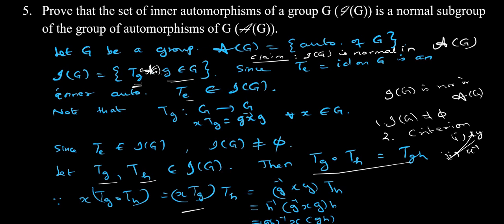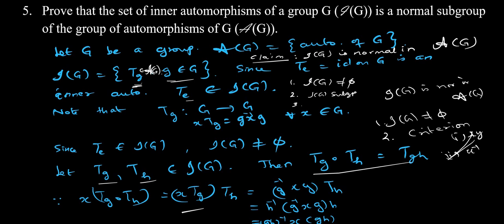See, our aim is to show that script I of G is normal in script A of G. So first of all, we have to show that script I of G is non-empty. That is what is said here, and we have to check the criterion for script I of G to be a subgroup. That needs to be established, and then we have to check the normality condition.